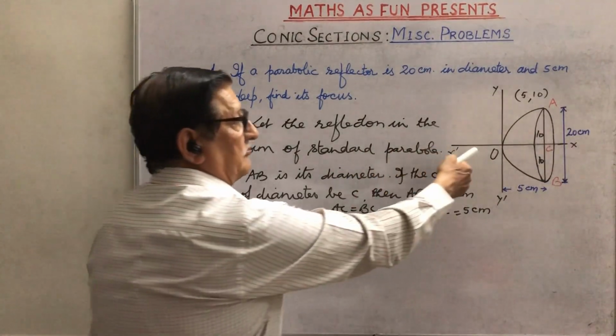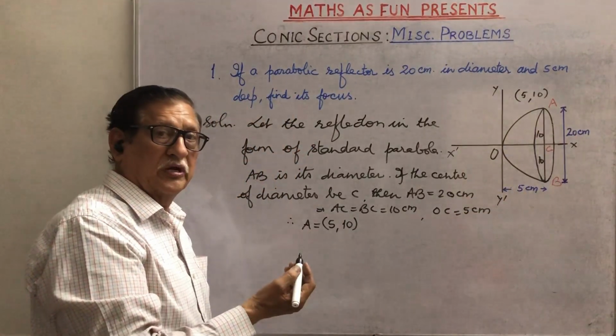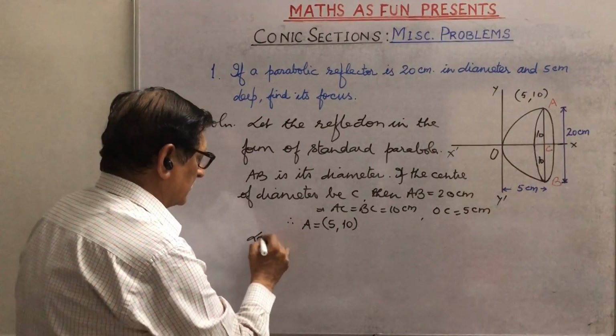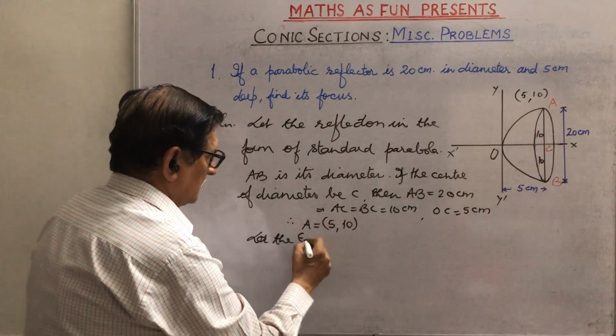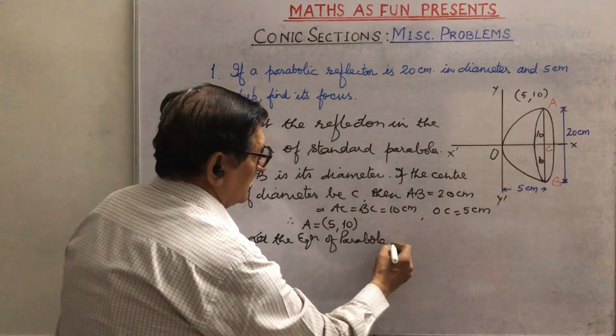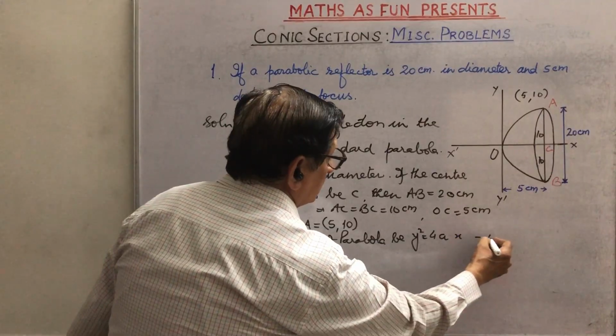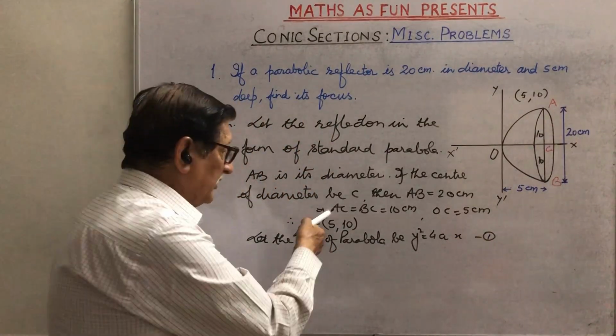We know that the equation of this type of parabola is y square is equal to 4x. So we can write, let the equation of parabola be y square is equal to 4ax. Point A lies on it.